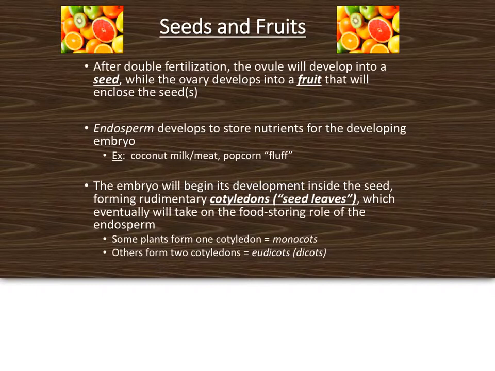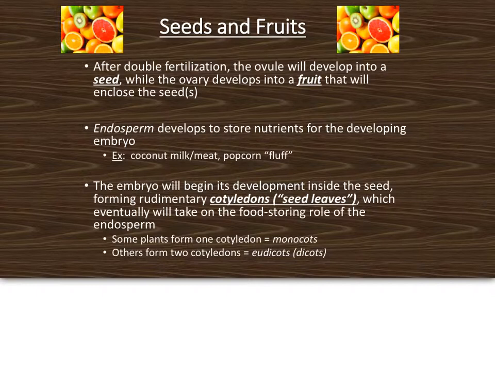But there are a couple of different endosperms that you might be familiar with. Technically, a coconut is a seed. And so the inside of a coconut, the coconut milk and the white part that you might shred and put on a baked item, that coconut milk and coconut meat, that's endosperm in those plants.